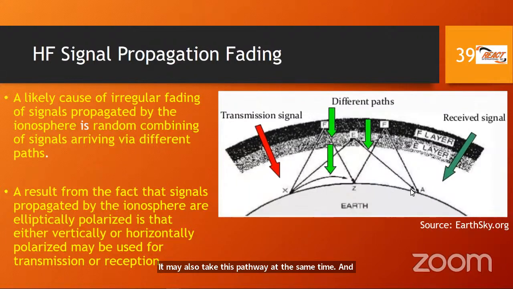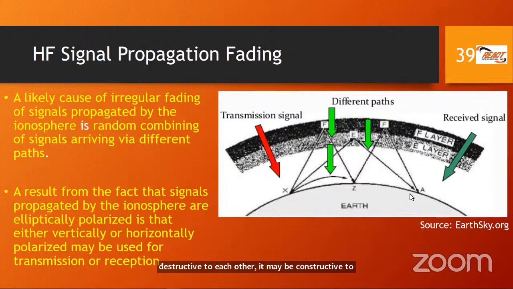And that could cause the signal to appear to be coming and going. It may have some distortion. It may sound as though it's fading one moment and getting stronger, because these signals are combining, and it may be destructive to each other. It may be constructive to each other when they get there. What does that sound like?